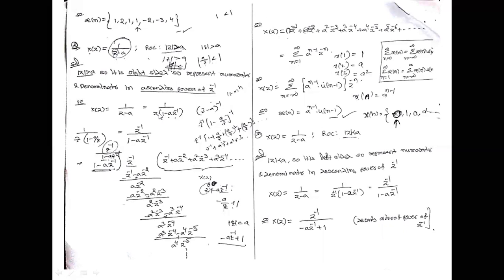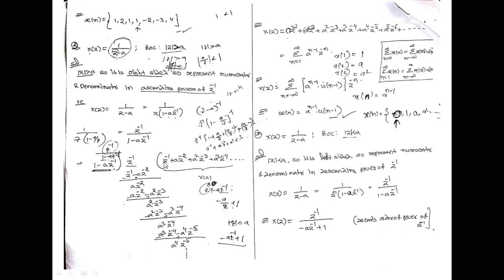Take z as common, 1 by z into 1 minus a z inverse, and take this in the numerator, z inverse by 1 minus a z inverse. Okay, 1 minus a z inverse, ascending order. Ascending order means -1, -2, -3, and so on, the values we can take here. Okay, so I'm taking here 1 minus a z inverse to divide into z inverse.